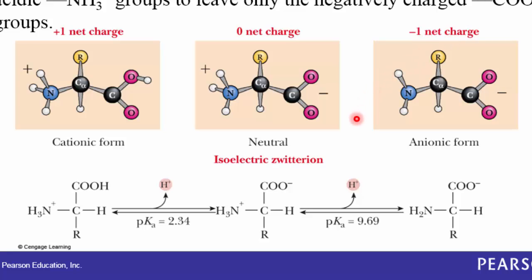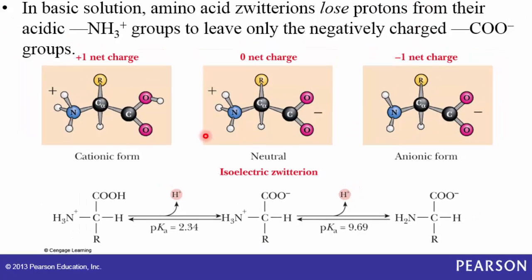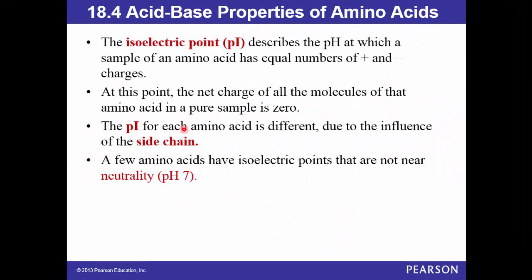So simply, amino acids can be titrated. They can act as acid or base because they contain these groups. The isoelectric point, pI, describes the pH at which a sample of an amino acid has equal numbers of positive and negative charges.